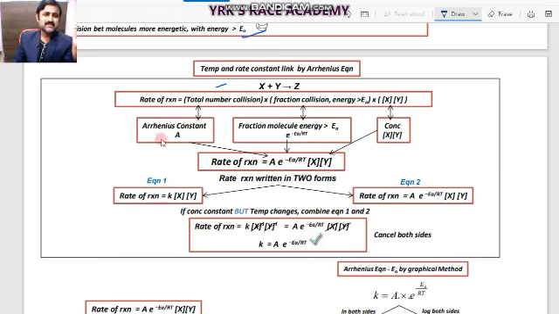In the Arrhenius equation, the constant A is the Arrhenius factor, the collision factor. The fraction of molecules with energy greater than activation energy is e to the power minus Ea by RT, and the square brackets are the concentrations.